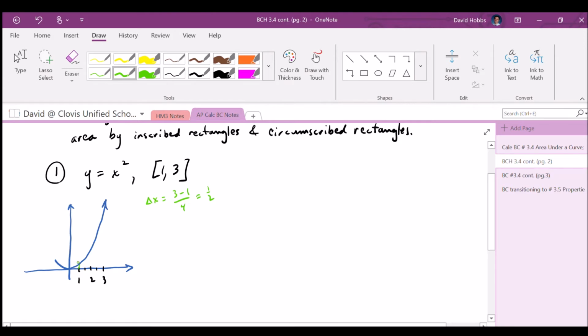Okay, so you need to be able to do a sketch when called upon of either inscribed or circumscribed rectangles. Okay, so now label things accurately. Okay, and so we've got inscribed.